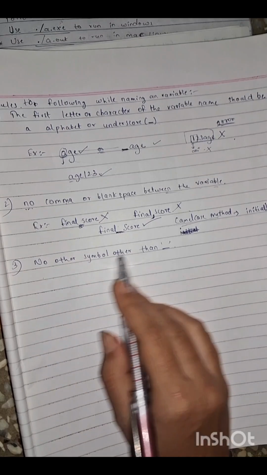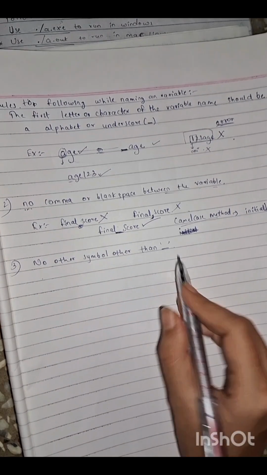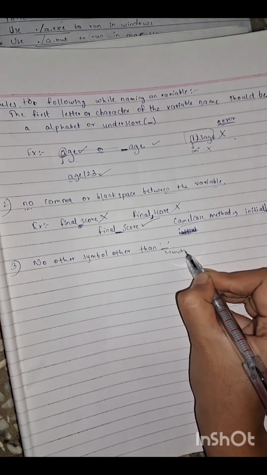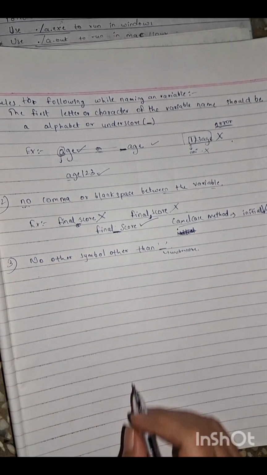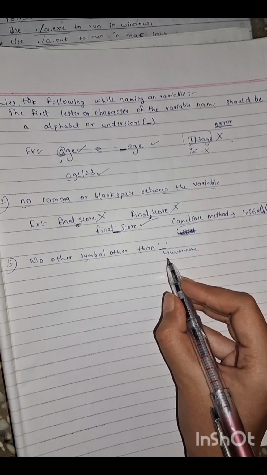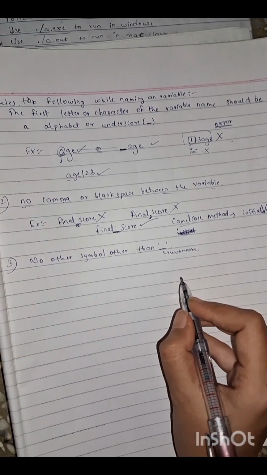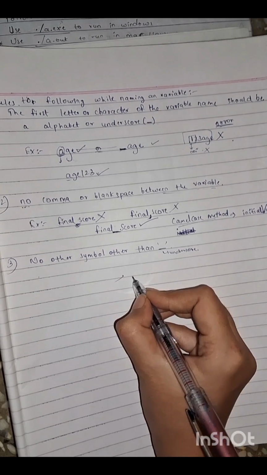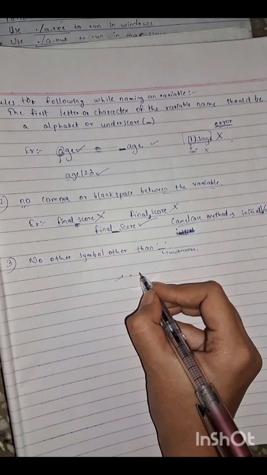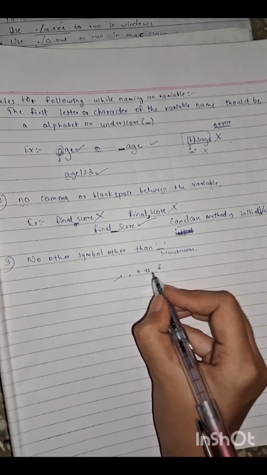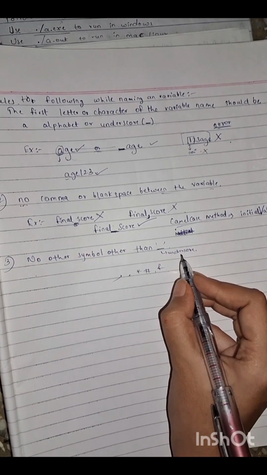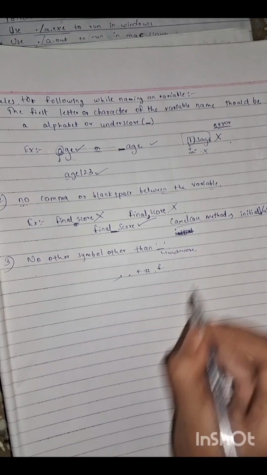Okay, so now let's discuss the third rule. The third rule says that no other symbol other than underscore. We cannot use any other symbol, like we can't use comma, full stop, star, hash, ampersand, any other symbol except underscore.